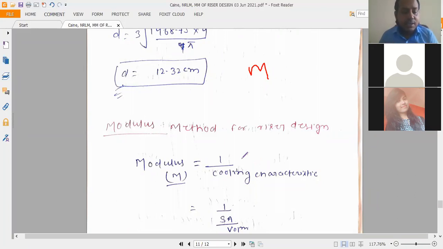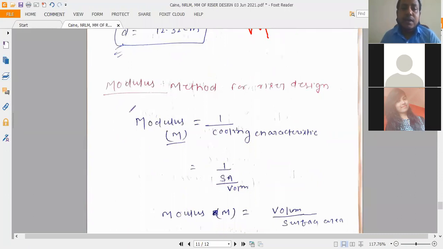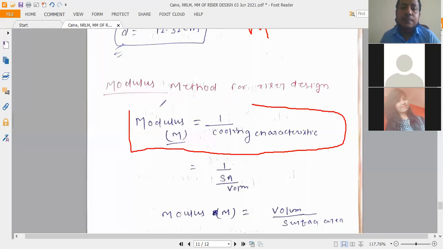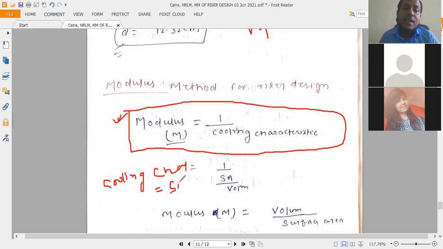So to define the modulus method, first we have to understand the modulus. So modulus is the reciprocal of the cooling characteristics, and cooling characteristics, which you have already studied, is surface area by volume.